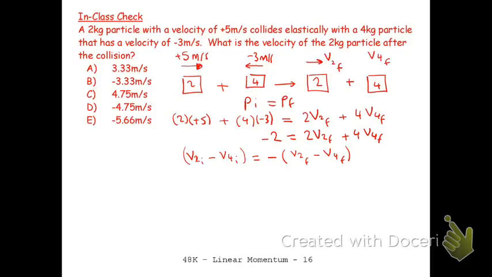And this is going to be plus 5 minus minus 3. Let's get rid of this negative sign, so it's going to go V4 final minus V2 final. That's kind of nicer. So 5 minus minus 3 is 8. 8 is equal to V4 final minus V2 final.